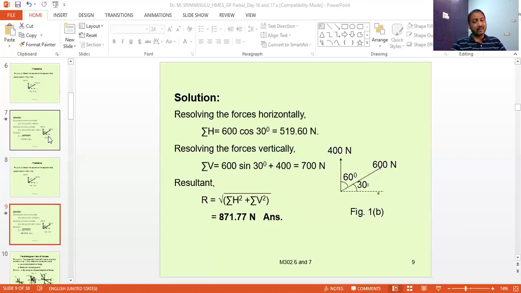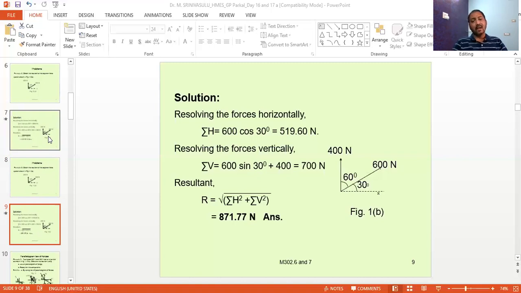The next one is resolving the forces vertically, that is nothing but finding the algebraic sum of the vertical components of all the forces. Here we have two forces, so 600 into sin 30 is the vertical component of the first force, and it is also acting in the first quadrant, so it is positive, plus the next one, the vertical force.